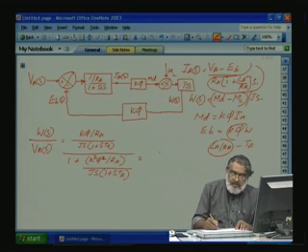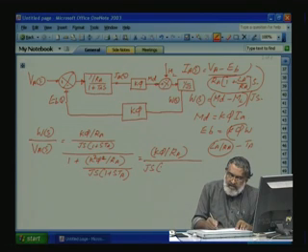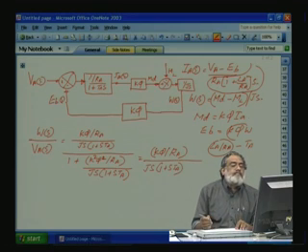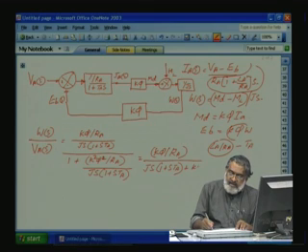We can bring this one up. So, this will be K phi by RA divided by this one multiplied by 1, Js into 1 plus STA, plus K phi square divided by RA.